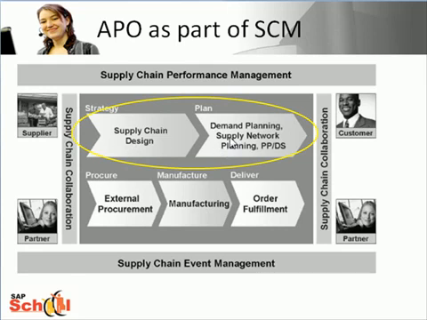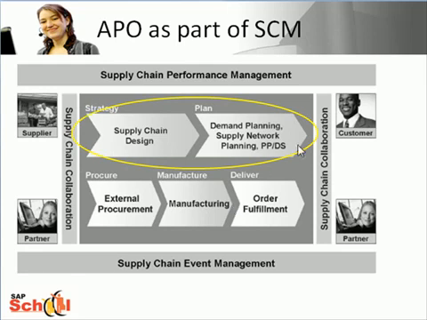On the top you have the planning side of it, which is strategy and planning, and roughly this is what the APO functionality encompasses. APO stands for Advanced Planning and Optimization, and at the bottom here you have the execution part of supply chain management.